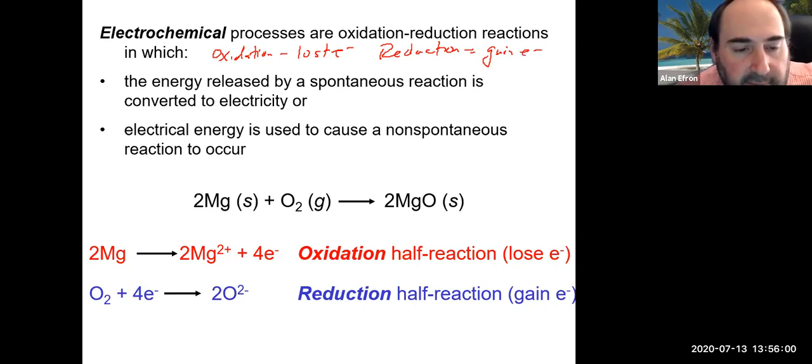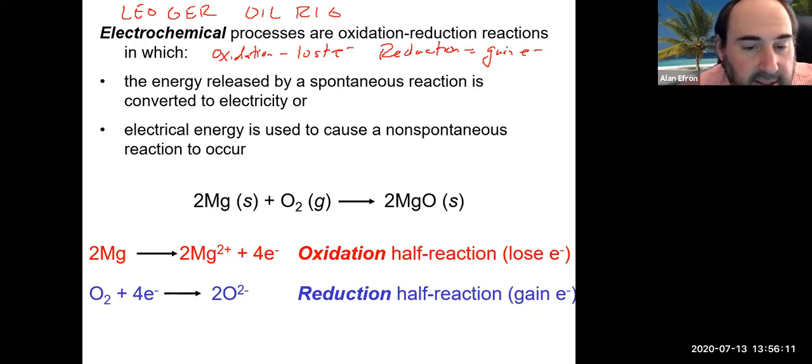Sometimes people remember that as LEO the lion goes GER: losing electrons is oxidation, gaining electrons is reduction. Some people are fond of OIL RIG: oxidizing is losing, reducing is gaining. You could choose both, I suppose, and not have to worry about it. But that's a good way to remember it.